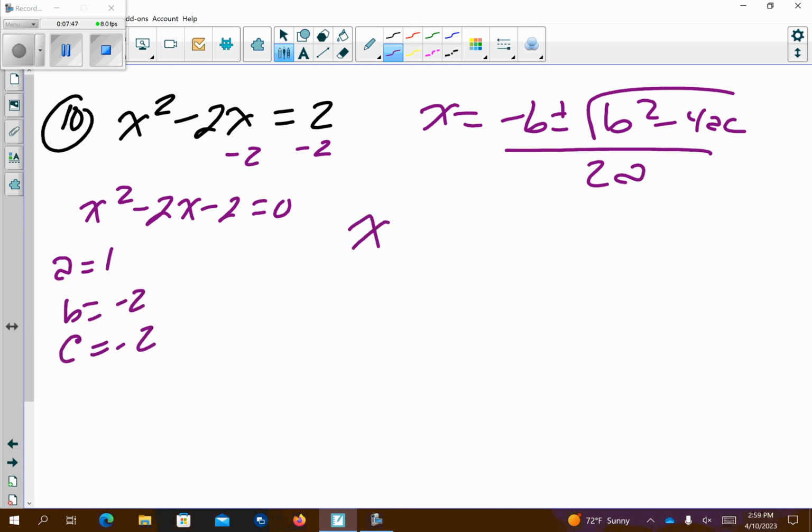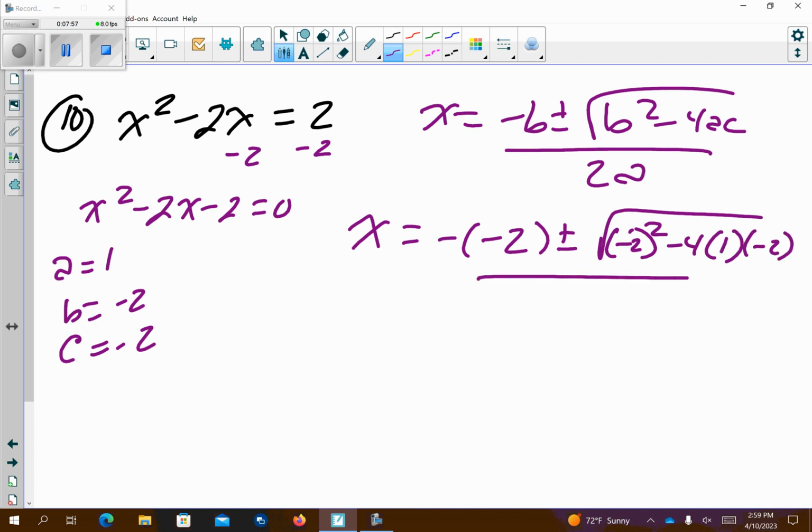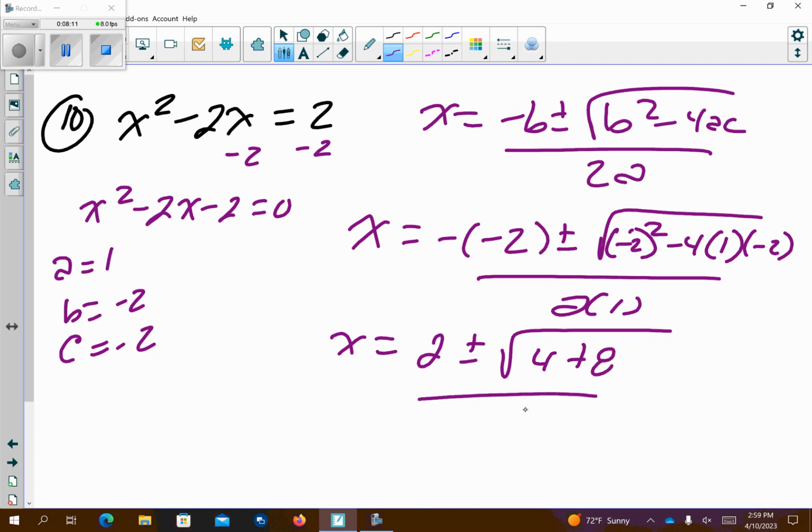So negative negative 2 is 2, plus or minus negative 2 squared is 4. Negative 4 times 1 is negative 4. Negative 4 times negative 2 is positive 8, over 2.